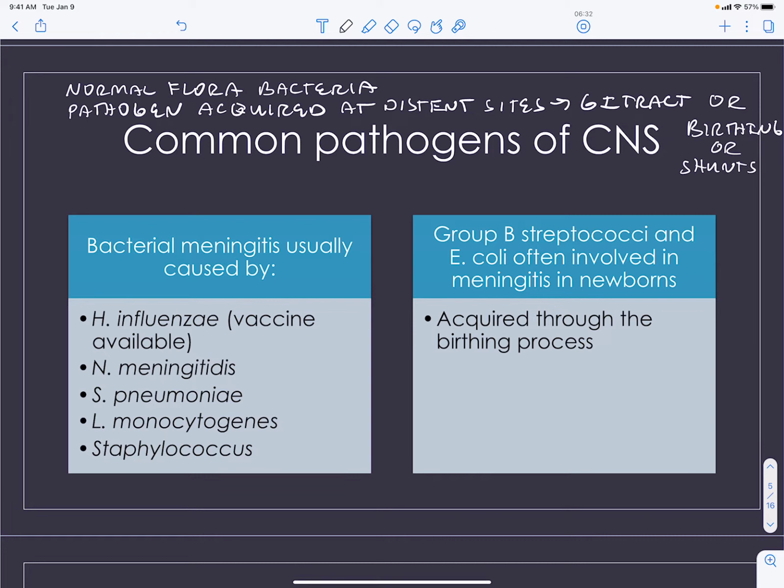So again, most pathogens are going to enter somewhere else and find their way to the central nervous system, with some exceptions.